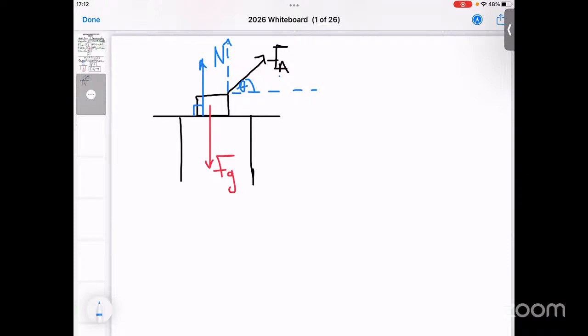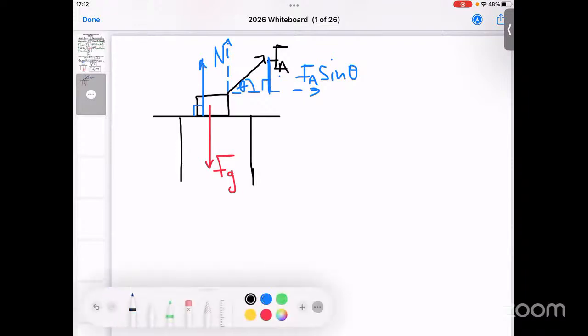So the vertical force will be the applied force times the sine of the angle, because with that 90-degree angle there, the vertical force is the side opposite to that angle. If we were talking about the horizontal force, it would therefore be the cos of the angle.